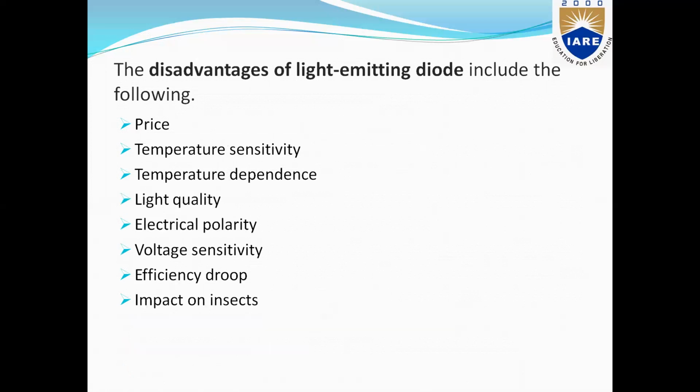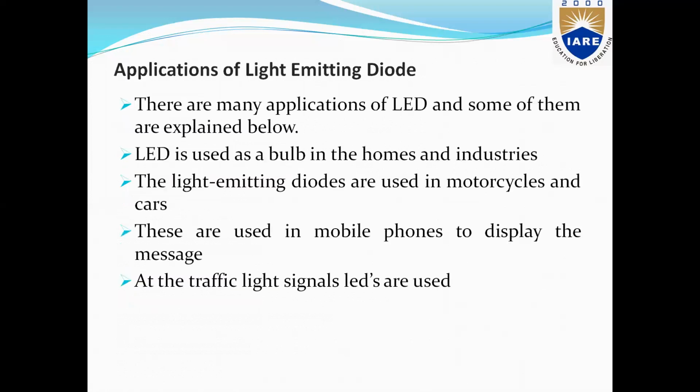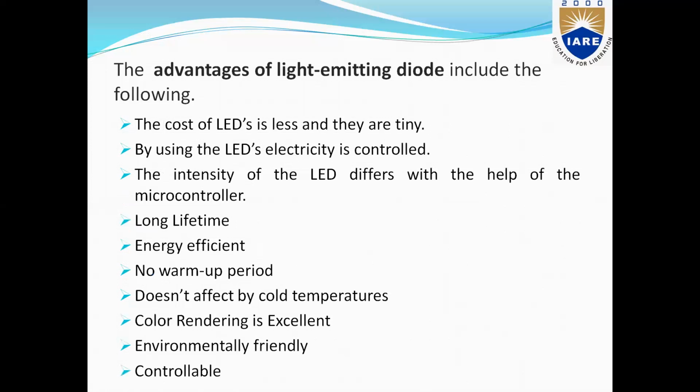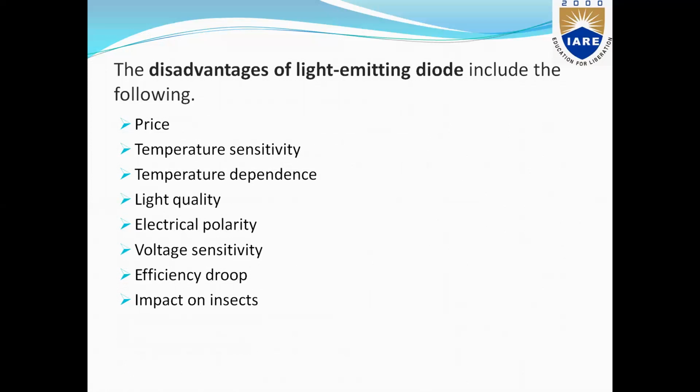The disadvantages of LED include the following: price, temperature sensitivity, temperature dependence, light quality, electrical polarity, voltage sensitivity, efficiency droop, and impact on insects. These are the advantages and these are the disadvantages. Once observe them.